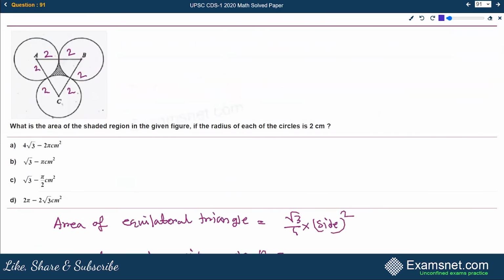First of all, what is sector? Since this is an equilateral triangle, we know each angle is 60 degree. All angles are 60 degree. Now a sector of a circle is a part enclosed by 2 radii and 1 arc. So these 3 parts are sectors here.